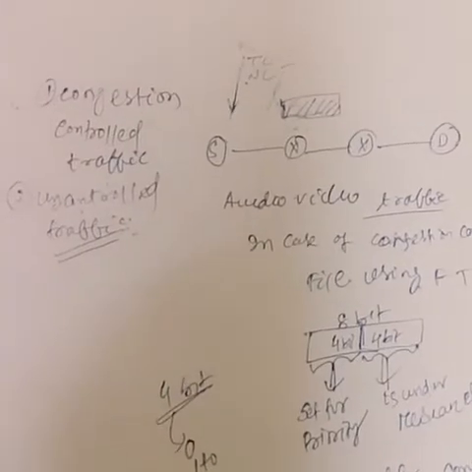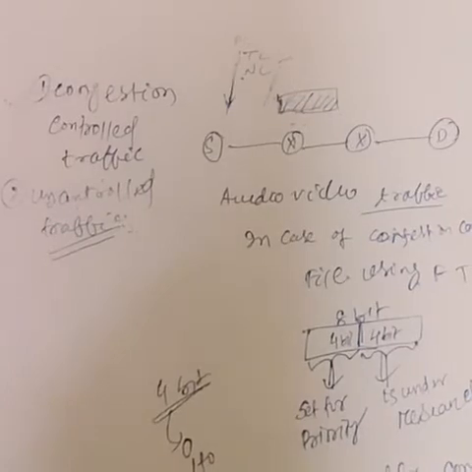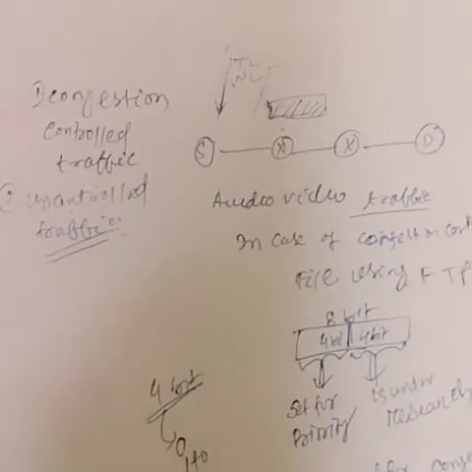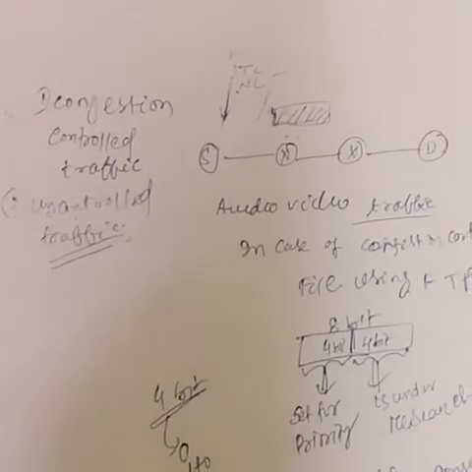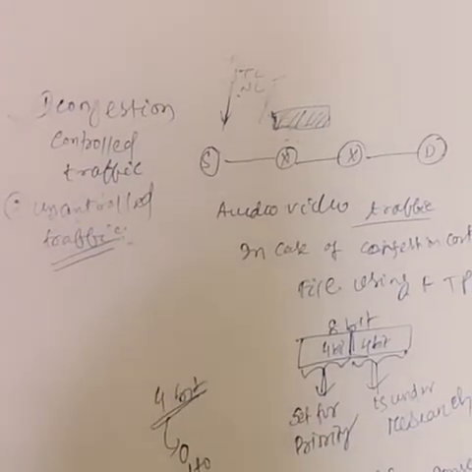For example, all the data or traffic coming out of TCP has the capacity to understand the congestion in the network by using congestion control.